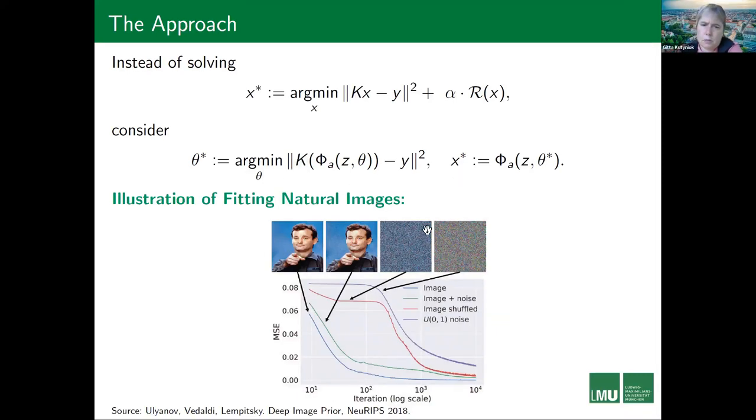And so this figure from the paper shows, if you look at this arrow here, and now you take different types of images. You take, let's say, a denoised image, so a clean image, an image with a bit of noise, and then, as it says here, an image shuffled, and then completely random noise. And now you minimize this.